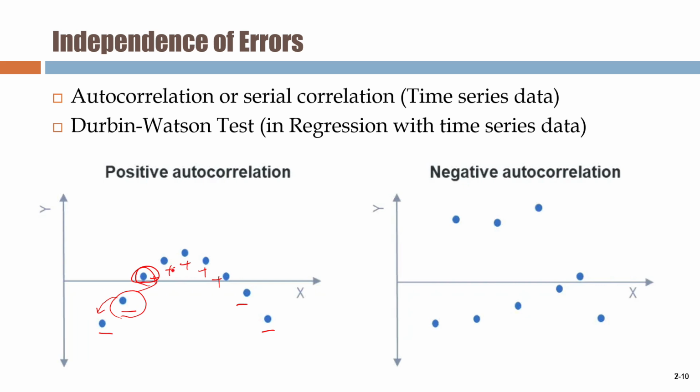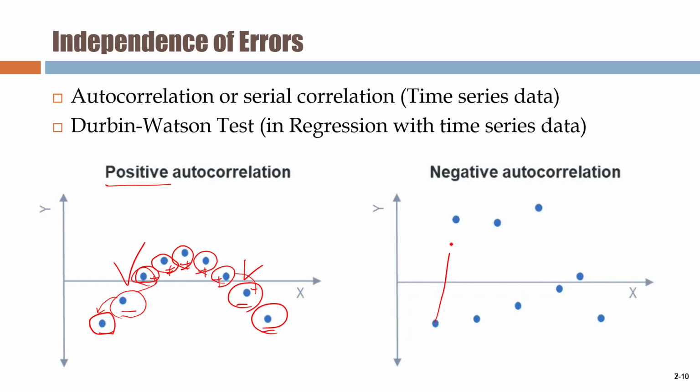Once this is positive, the next is positive, next is positive, and next is positive. This is a violation, plus to minus, but minus to minus is not a violation. So there are only 2 points that violated that rule. If the previous one is minus, I tend to have a minus. If the previous one was positive, I tend to have a positive. That's what we call positive correlation, with only 2 points of error, violations of the perfect autocorrelation.